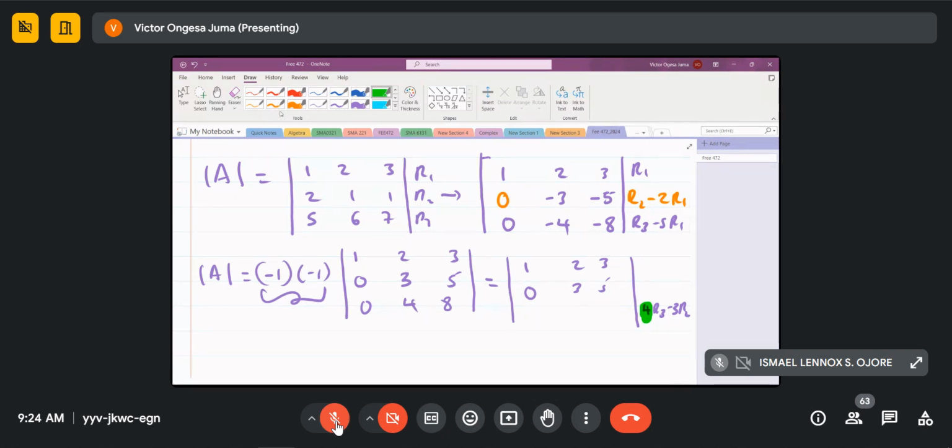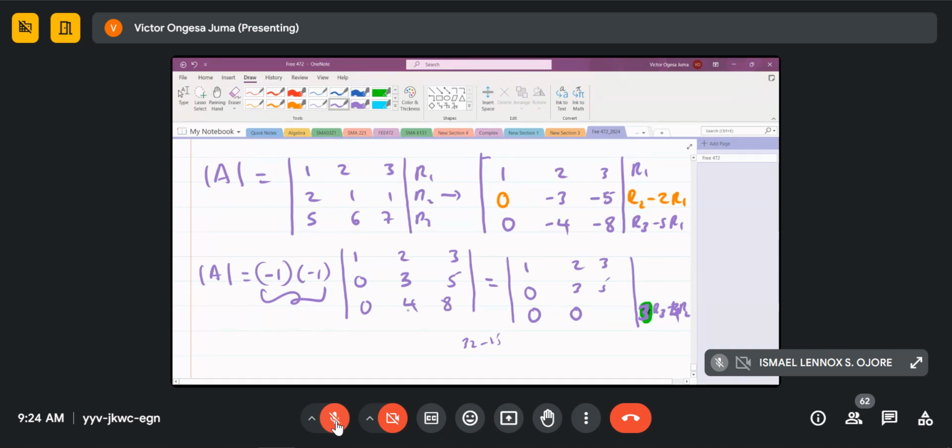So basically if we do this, I'll get a 0 here and a 0 here. And then 4 times 8 is 32 minus 15. I think something is missed somewhere. It was supposed to be row 3 minus 4 row 2. So I multiply this by 3, multiply this by 4.